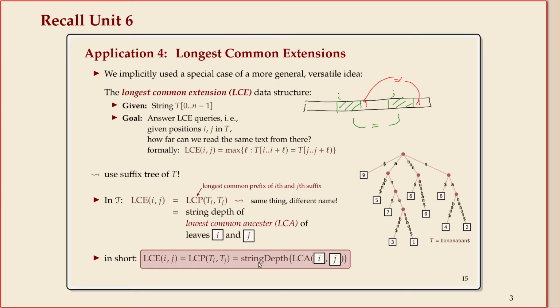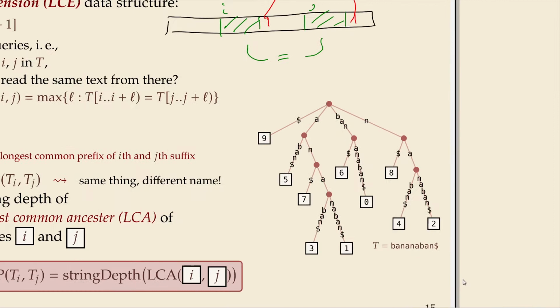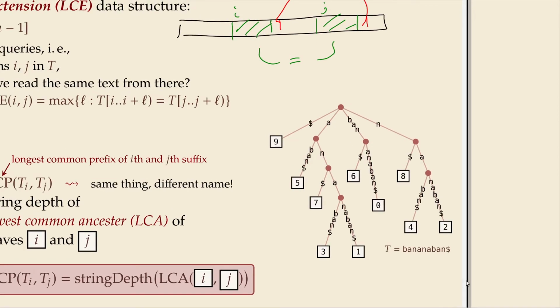So our example back then was this: banana ban. And so you could, for example, ask what's the longest common extension starting here and here. That's position 0, 1, 2, 3, 4, 5. So if you execute this, you would find i and j here and here.